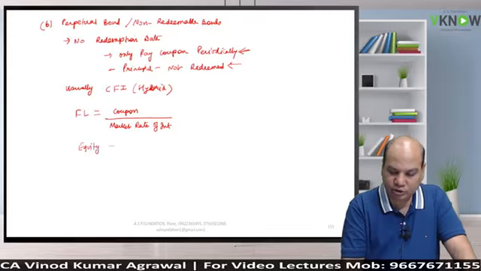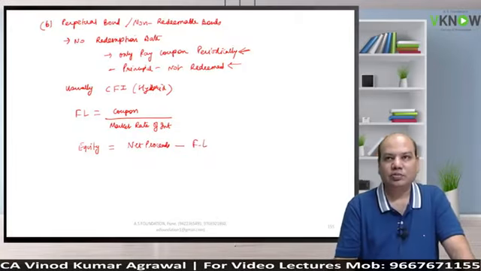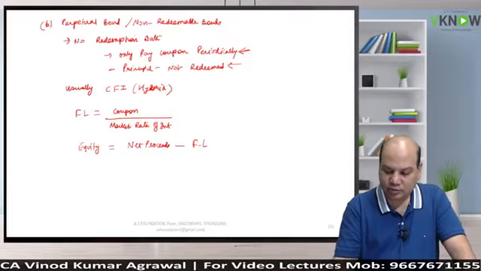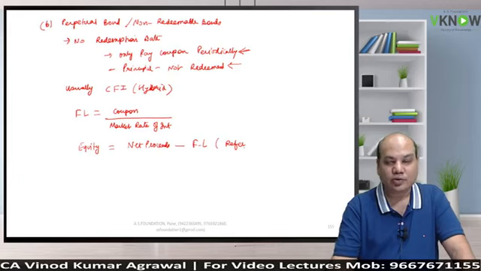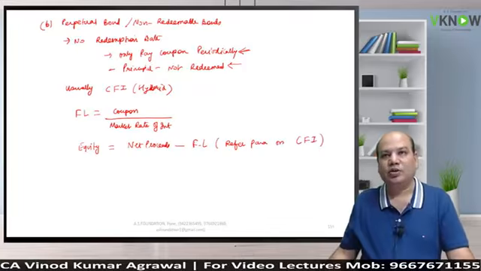The equity portion will be equal to net proceed minus financial liability. You also write here, this I have written in simple term, but there is some complication involved. Refer para on compound financial instrument.